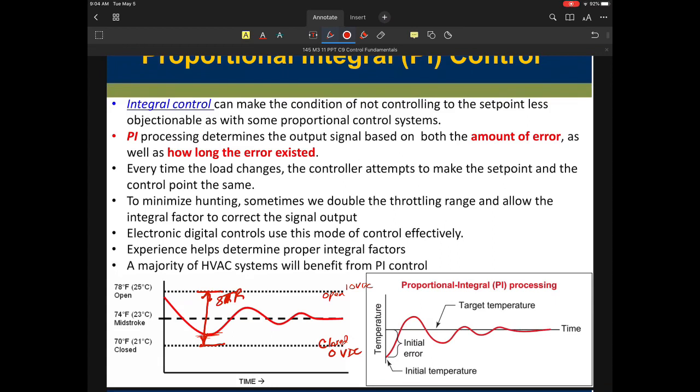With an 8-degree throttling range, the device can make a corrective measure. With proportional, when we were 4 degrees away from set point, we would have changed the output to 0 volts, and we would have waited and waited until something got warmer. Then as we got closer and closer, it started to change the output.